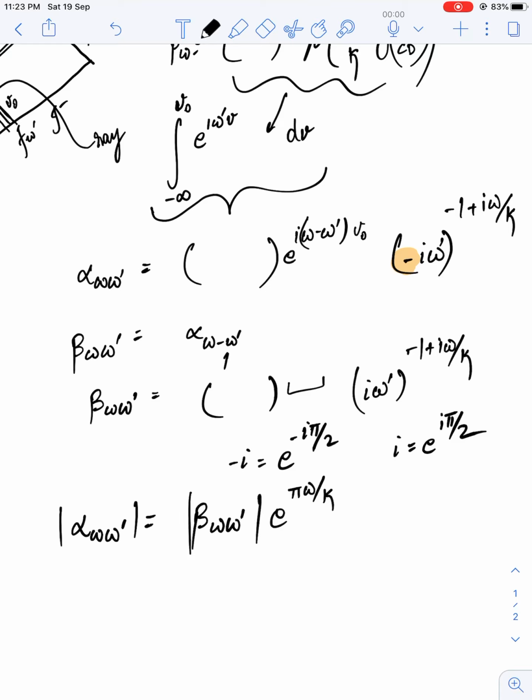Now if I blindly substitute here the number of particles created, if I blindly evaluate this term b omega dash, I'm going to get infinity using these formulas.